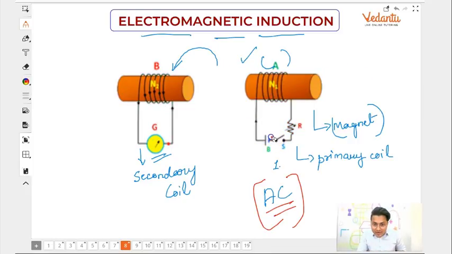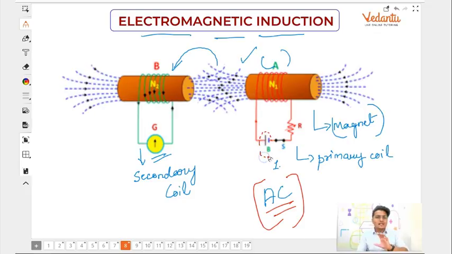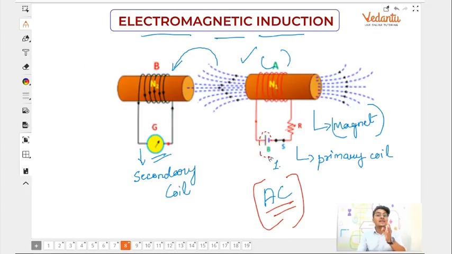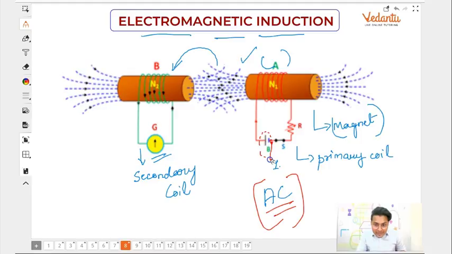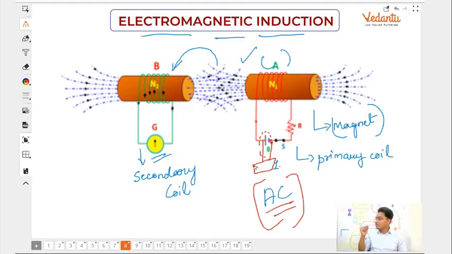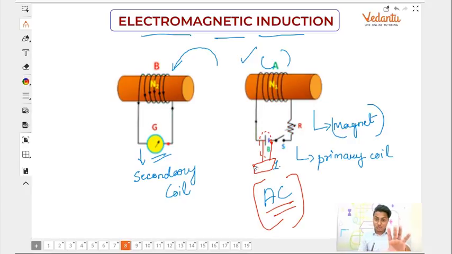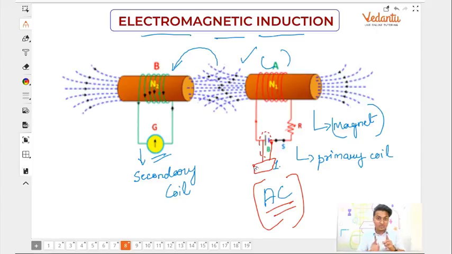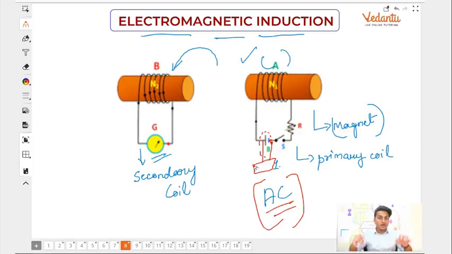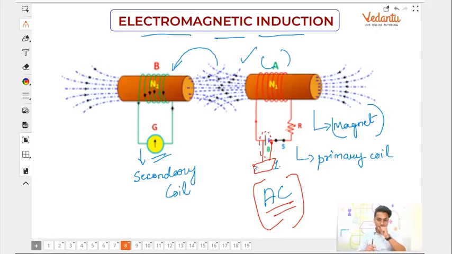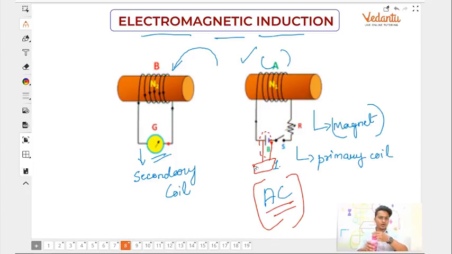Here, this particular battery, let me not call this a battery because a battery provides DC current. Let me connect this to a power source. Which power source? The main power plug which you have in your houses. That is the source here. And all of you must know that to your houses, DC does not come, AC comes. For all the houses and shops and everywhere, alternating current comes into your houses. Correct? One second. So think about it.